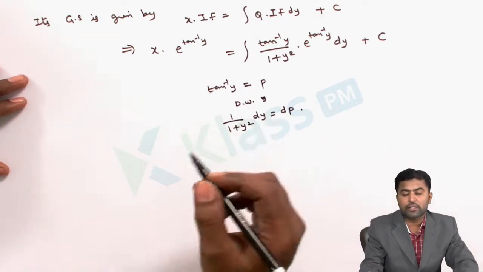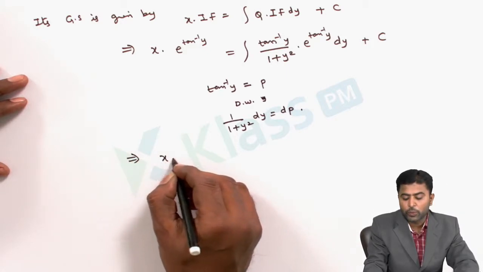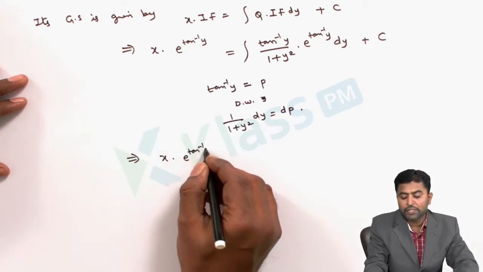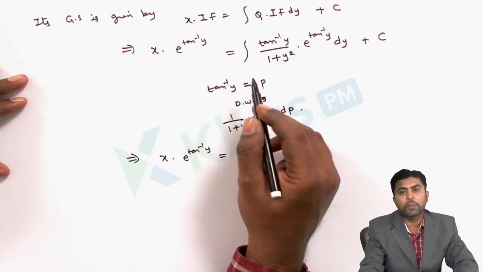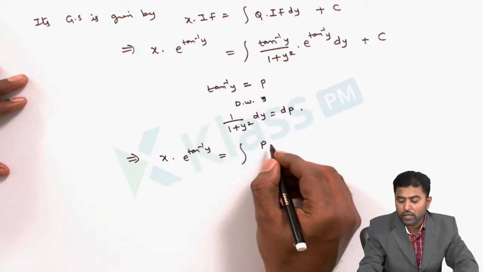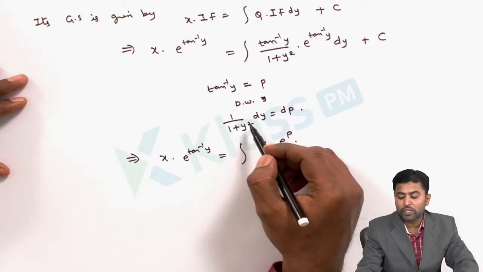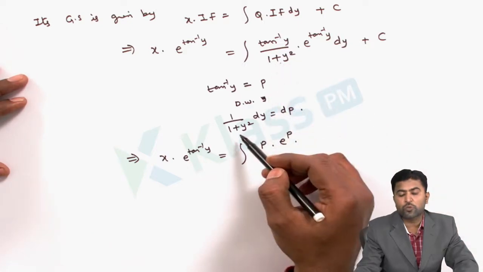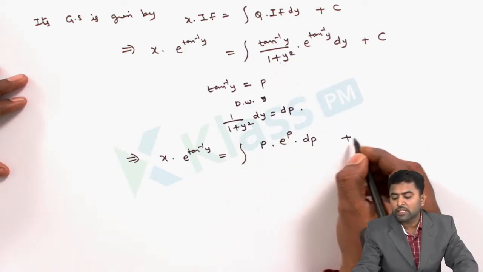Now replacing this in the above equation, I get x · e^(tan inverse y) = ∫ p · e^p · dp + c, where tan inverse y I made as p, and dy/(1 + y²) has become dp.